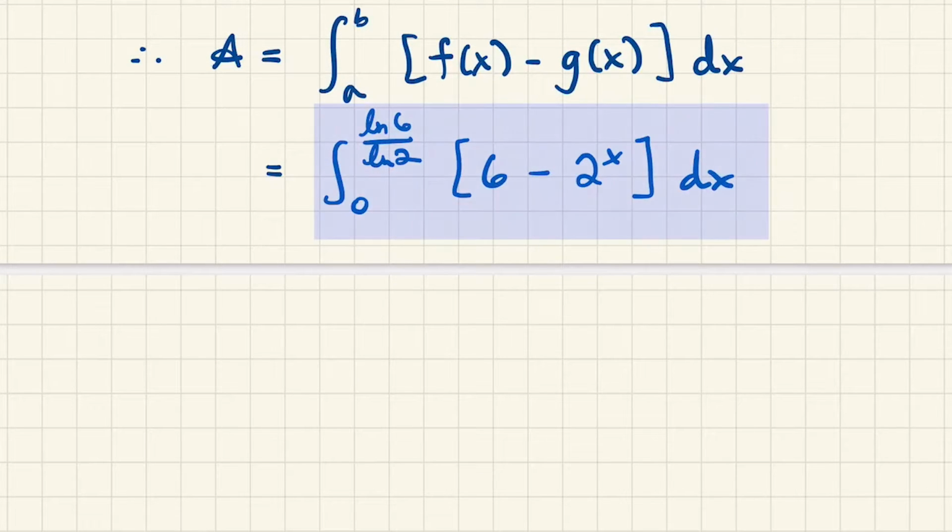All right, now that is the setup of this area problem. Now, it's entirely possible that on a quiz or an exam, you'll be asked simply to only set up the problem. Or you may be asked to set up and find the area.